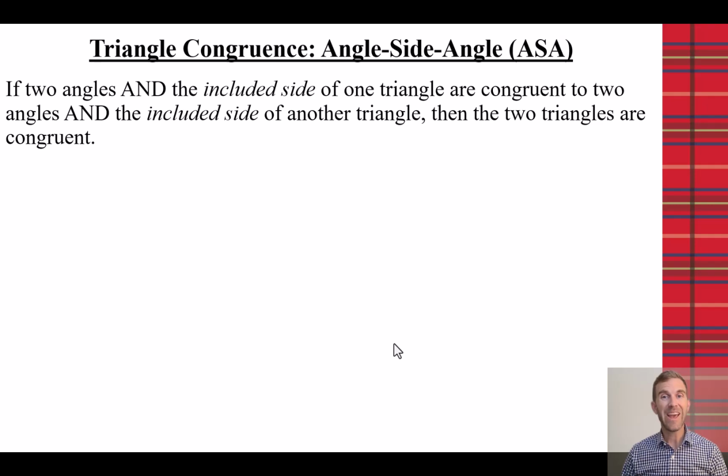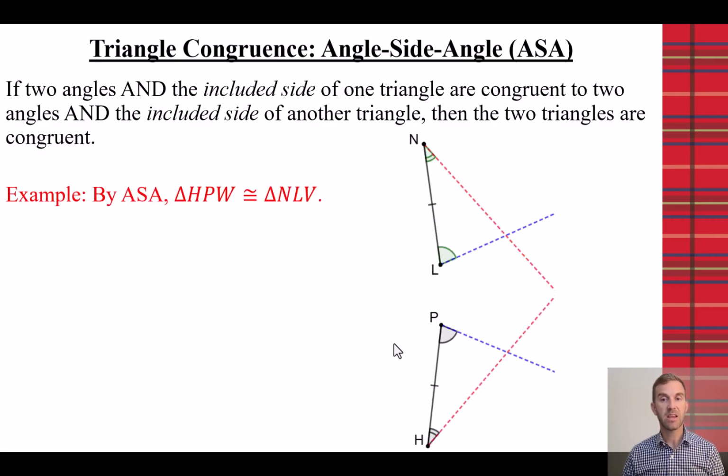Our third method would be angle, side, angle. In this case, we have the two angles of two triangles marked as congruent that are corresponding, and it's the side in between those two angles that's the corresponding side marked as congruent as well. So in this case, we have our corresponding sides and the two corresponding sets of angles marked here for this image.